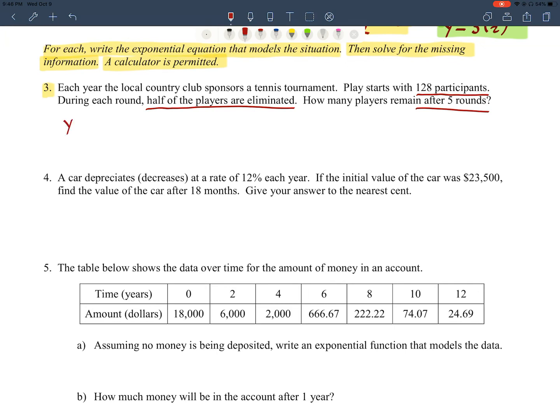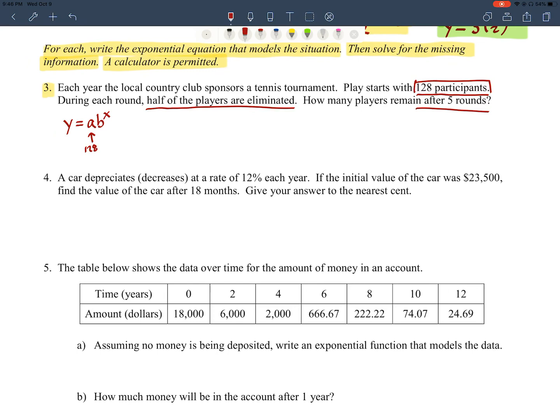So we're going to be looking for a function in the form of y is equal to a times b to the power of x. Remember, our a is our starting value, and in this case here, it says that we're going to start with 128 participants. So we're going to put in that 128 for our a.